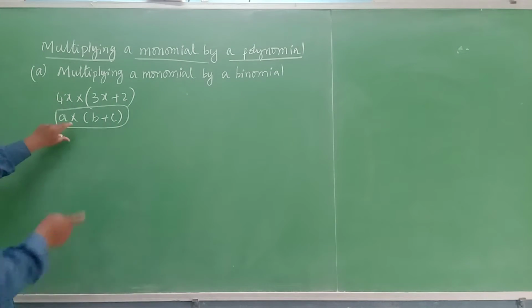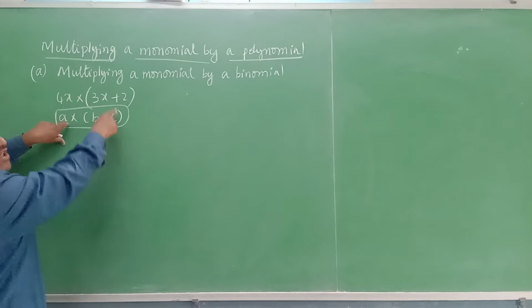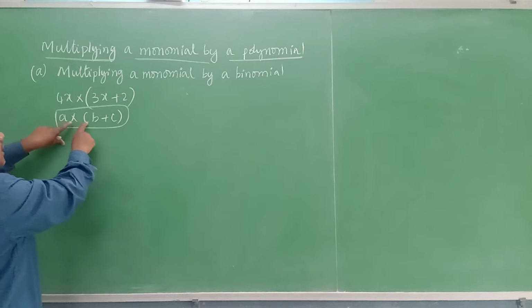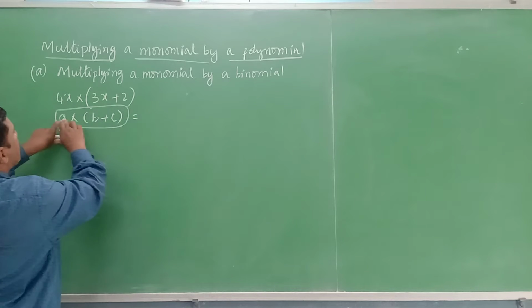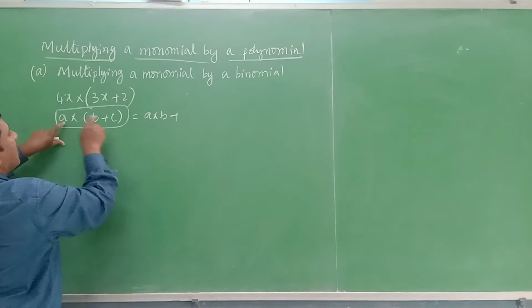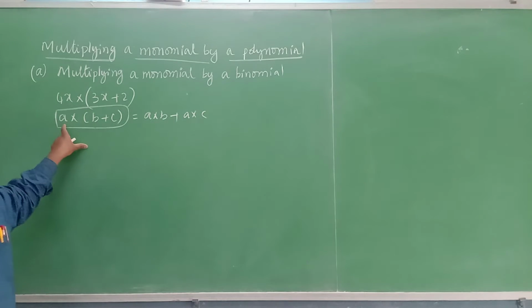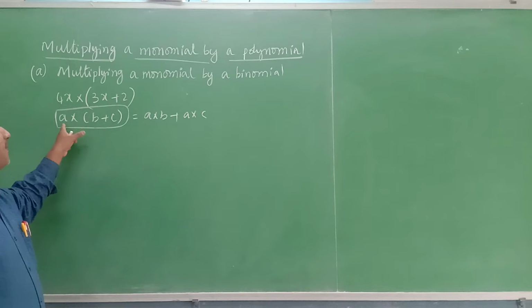So if you consider these three terms as three numbers, and if you express them in the form of a into (b plus c), that is equal to a into b plus a into c. It means b is multiplied by a and c is multiplied by a.